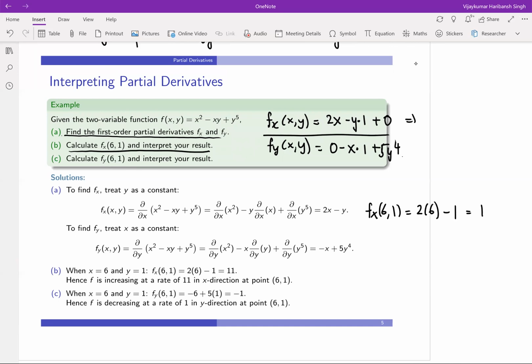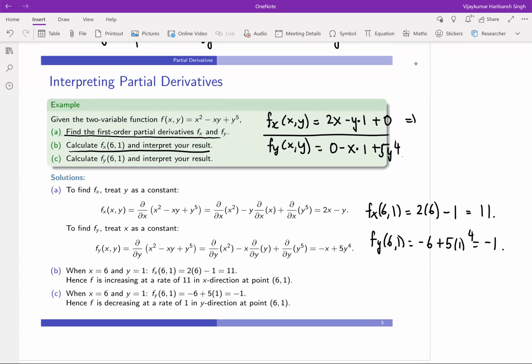So you get 11. Similarly, f_y(6,1) is going to be minus x, so minus 6, plus 5 times 1 to the power 4, which is minus 6 plus 5, which is minus 1.